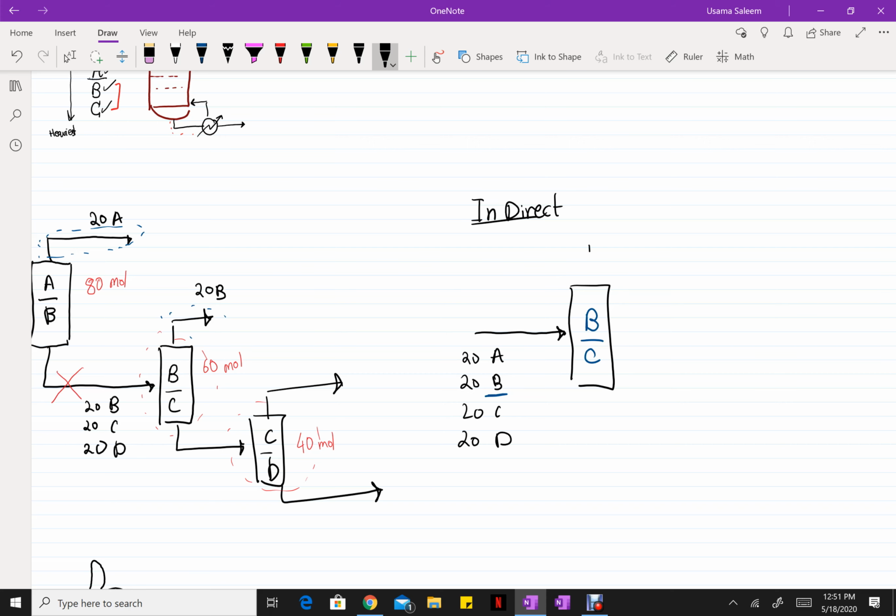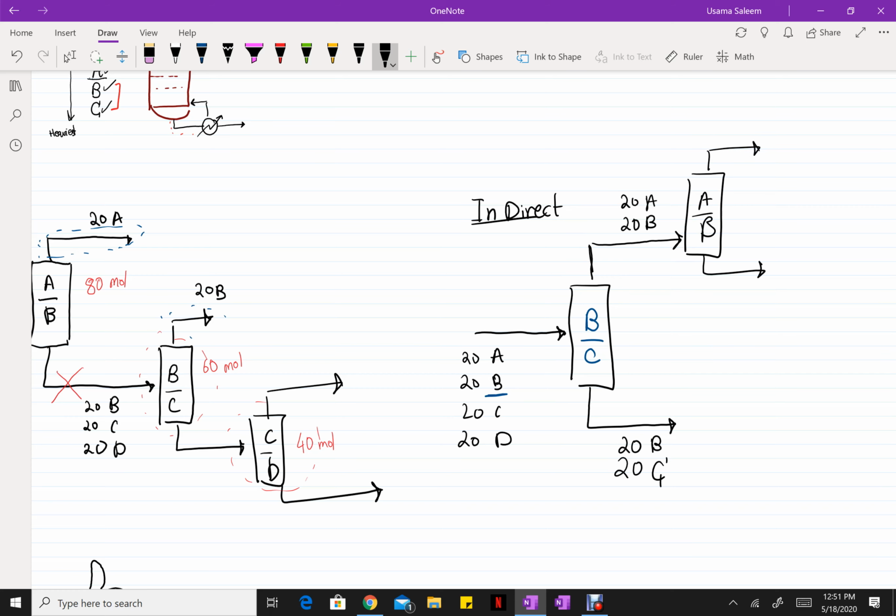Once again I'm assuming magical ideal separators. So 20 A and 20 B goes to the top, 20 C and 20 D goes to the bottom. Now in order to separate A and B, A goes to the top, B goes to the bottom.